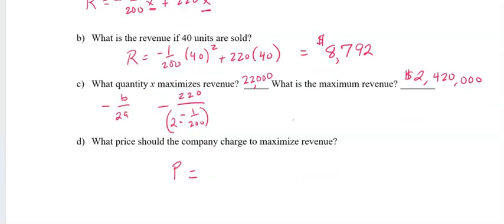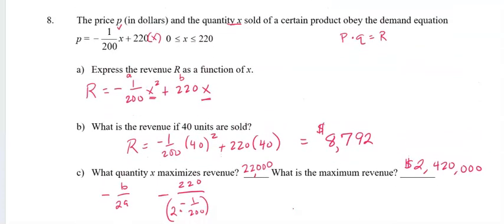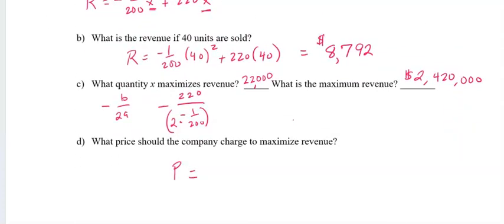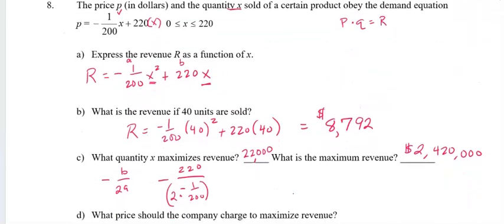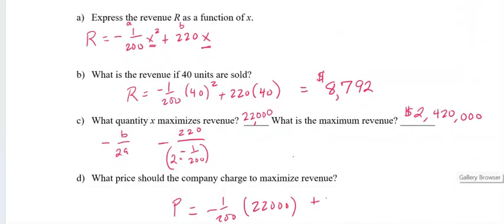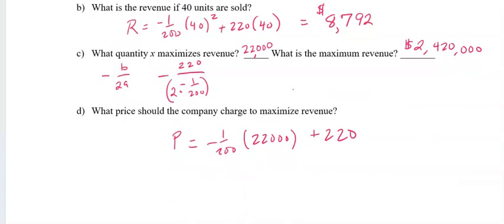P is equal to -1/200 times 22,000 plus 220, and we'll go to our calculator. And the value, the price is going to be $110.